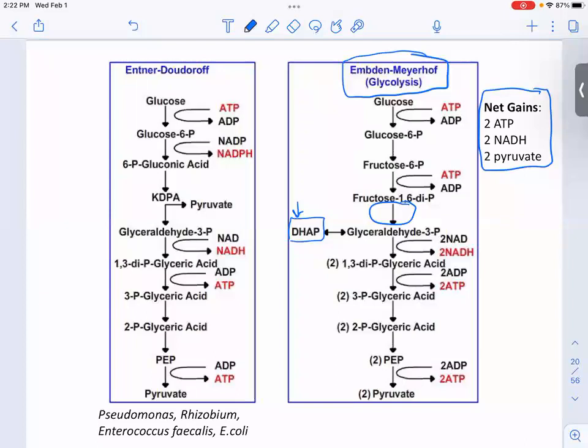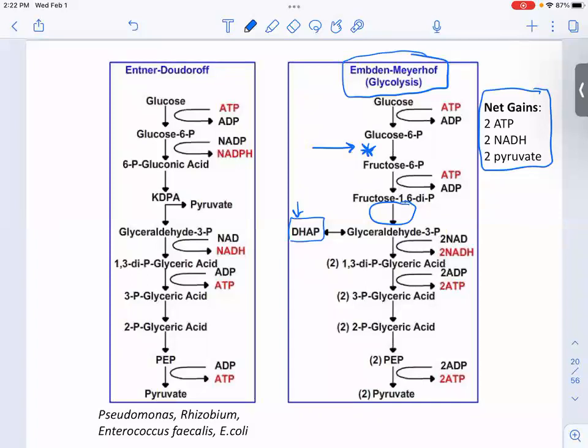Again, this just shows the intermediates, not to memorize. But like I said, there are some bacteria that are not able to do glycolysis because they're missing this enzyme that catalyzes this reaction right here. It's phosphofructokinase.